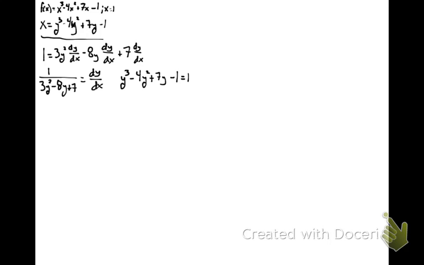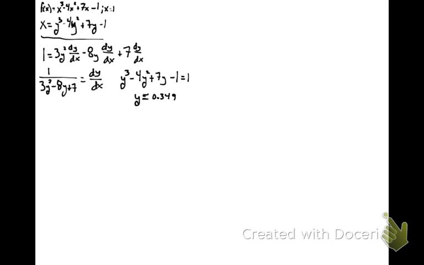But if we were to graph this and see when this equals 1, we'll find that graphically this will equal 1 when y is about 0.349.